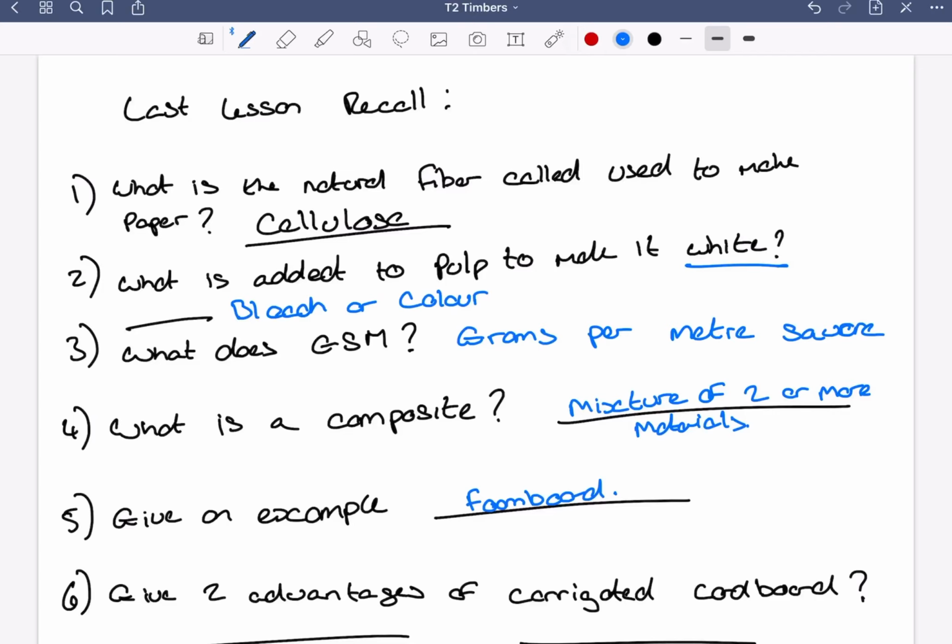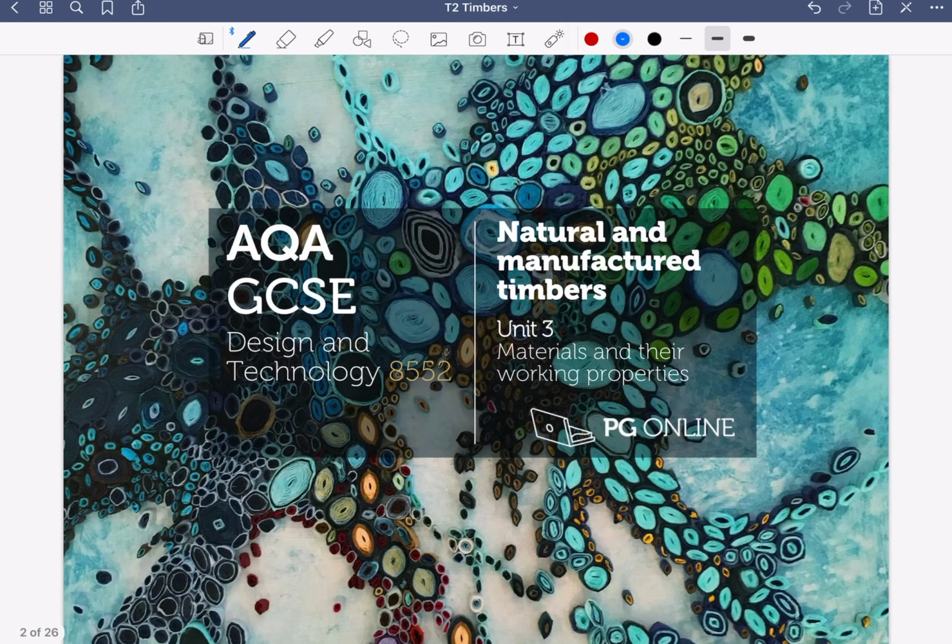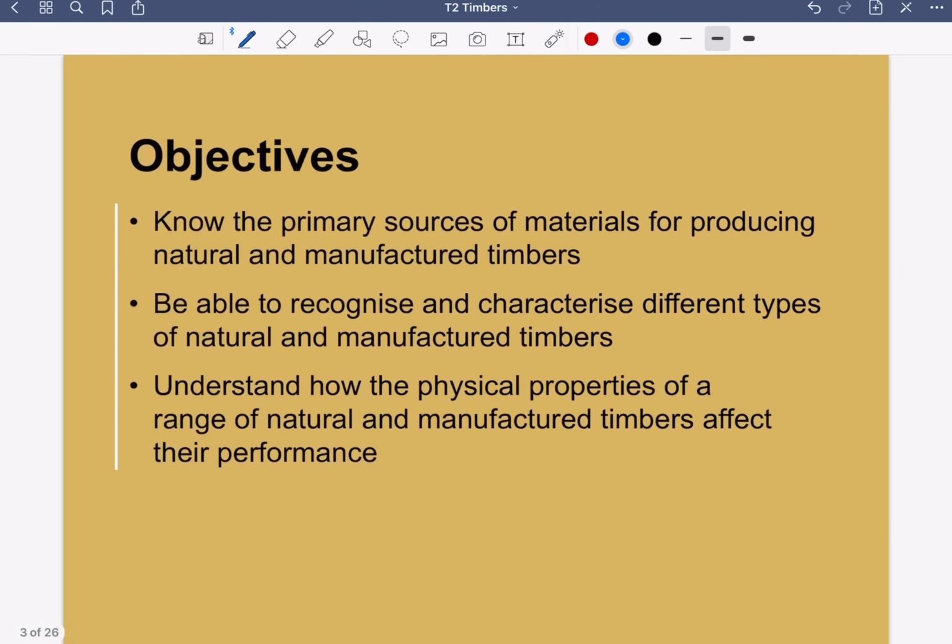Okay, good. Right, so now what we need to do is turn back to our A3 covers, find Unit 3, and we're going to look at the timbers section of Unit 3. Okay, so if you turn your pages over while I go through objectives. So you today are going to be looking at the primary sources of materials for producing natural and manufactured timbers.